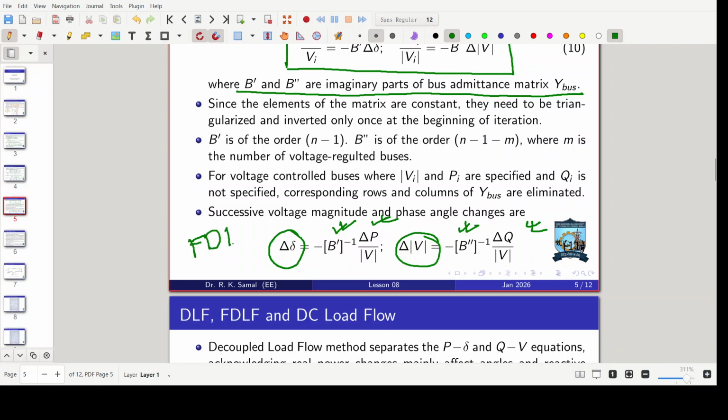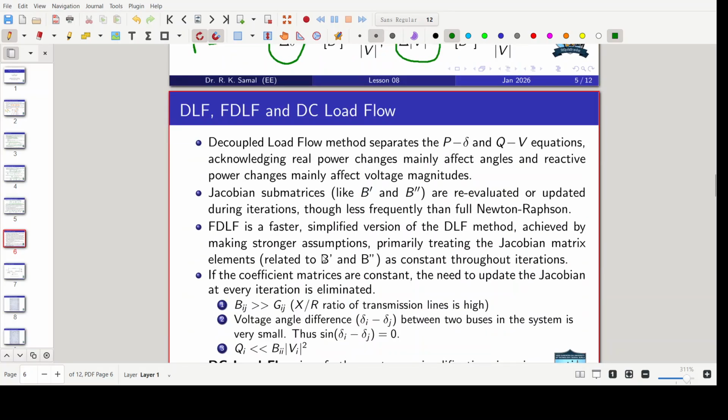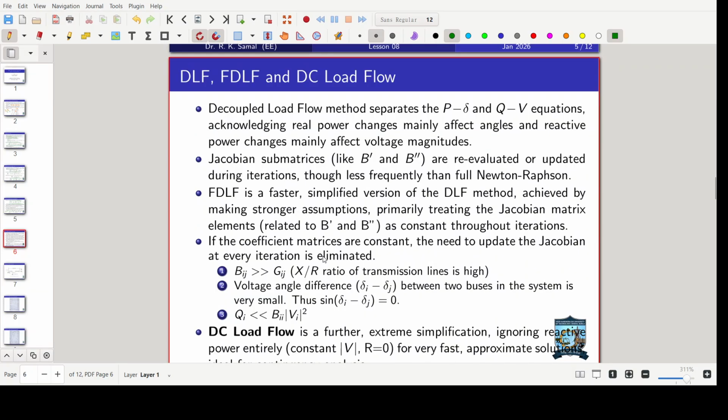Towards the end, we will see the difference between DLF and FDLF. So, what are DLF, FDLF, and a new term, DC load flow? What is the difference between them? Now, the decoupled load flow or DLF method separates the P-delta and Q-V equations, acknowledging that real power changes are affected by the load angles, and reactive power changes mainly affect the voltage magnitudes.